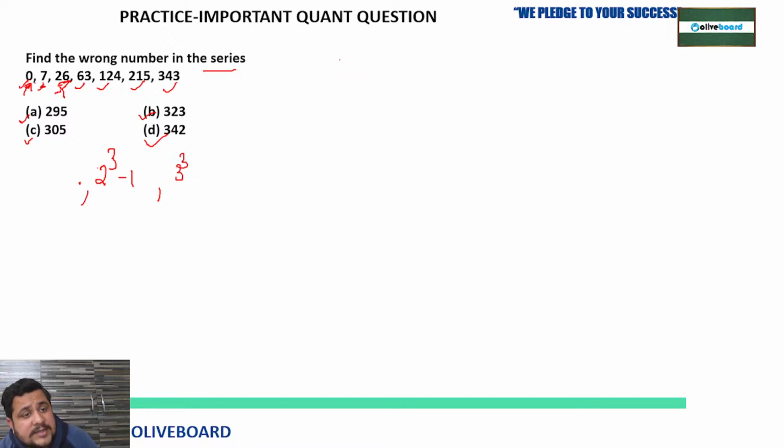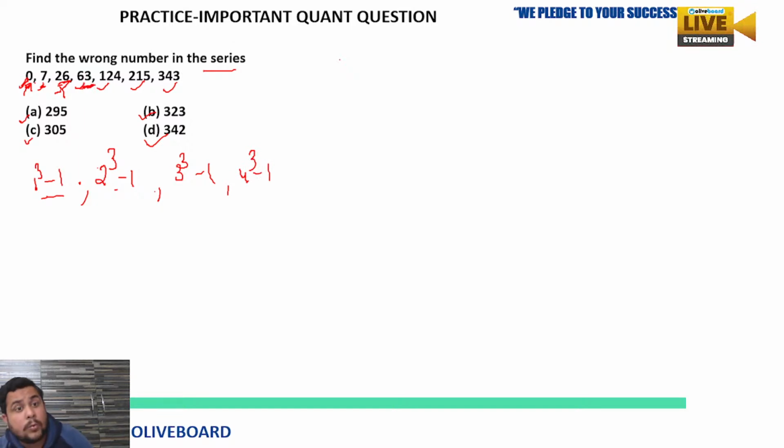And 0 is just 1 less than the perfect cube of 1. So 1 cube minus 1, 2 cube minus 1, 3 cube minus 1, 4 cube minus 1 gives 63, which is 1 less than the perfect cube of 4, and 124 is 1 less than the perfect cube of 5.